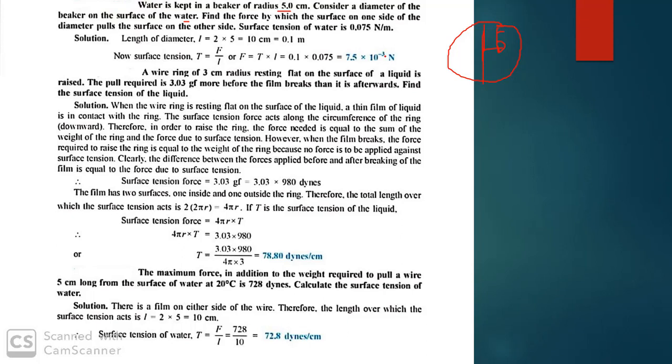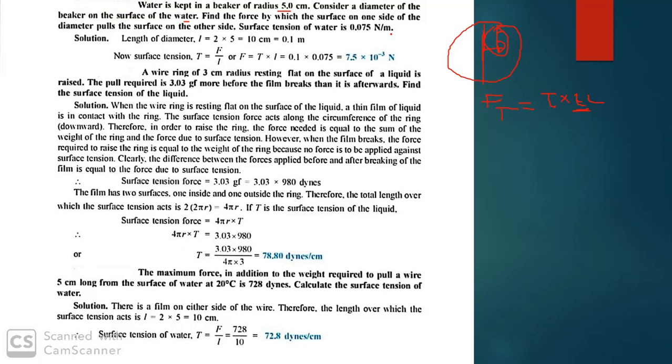So tunafahamu kwamba force maana yake upande mmoja ni surface tension but on one side, kwa hiyo inajua ni surface tension times effective length.